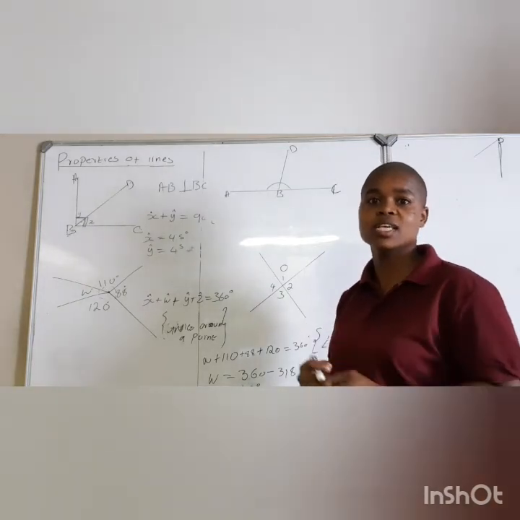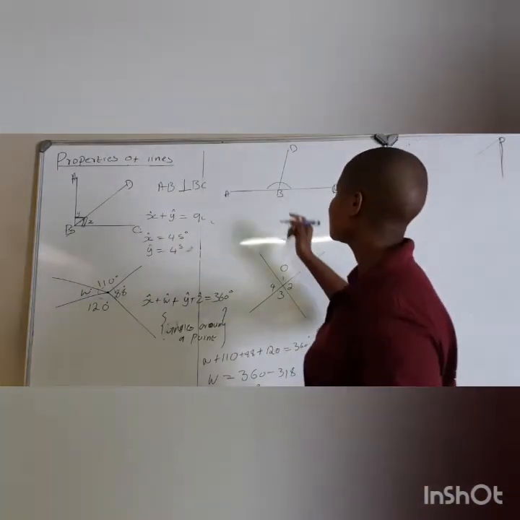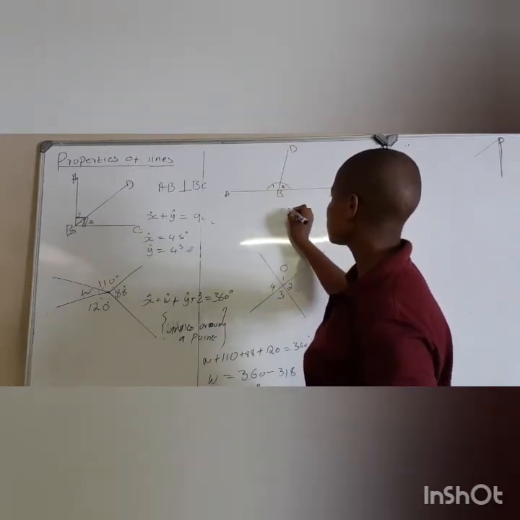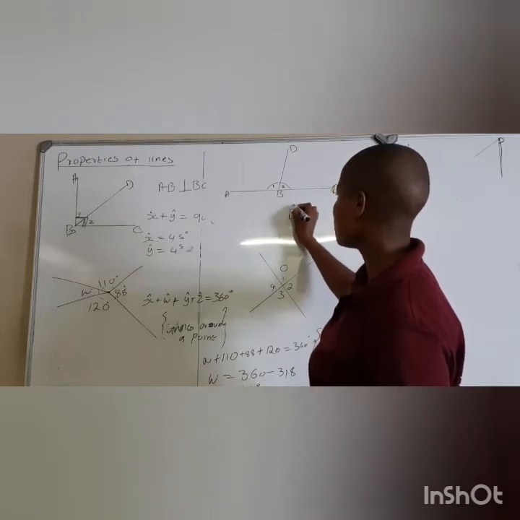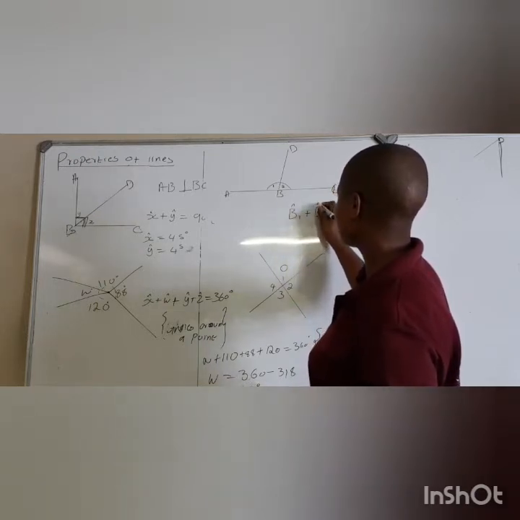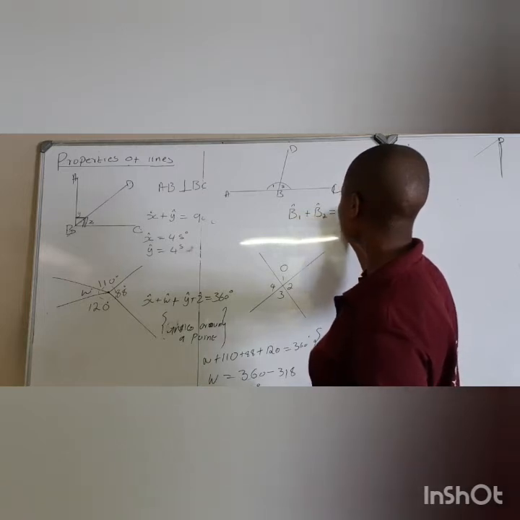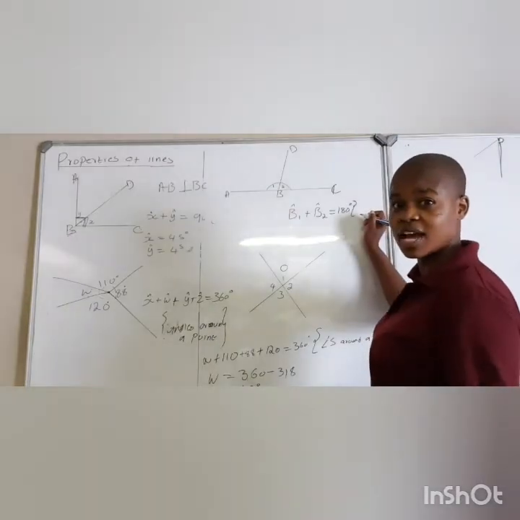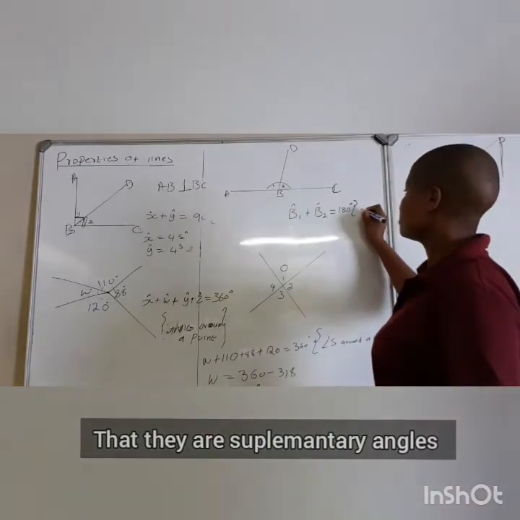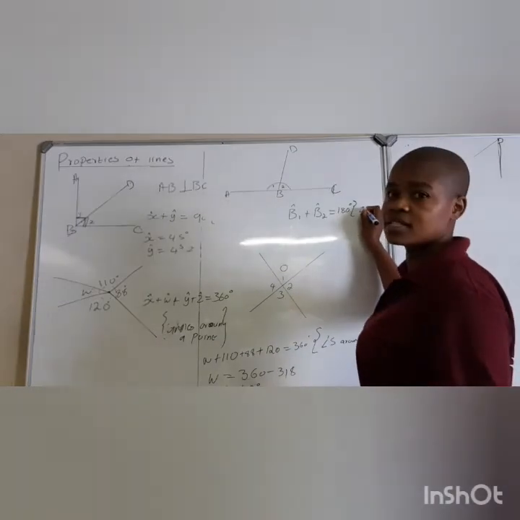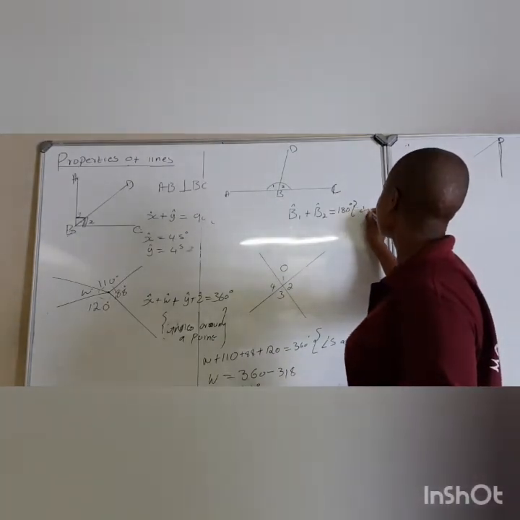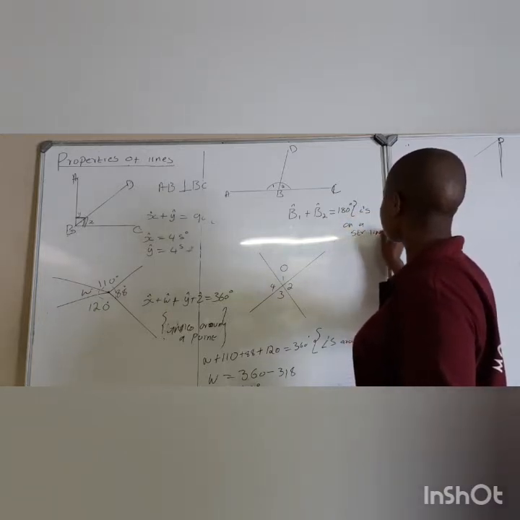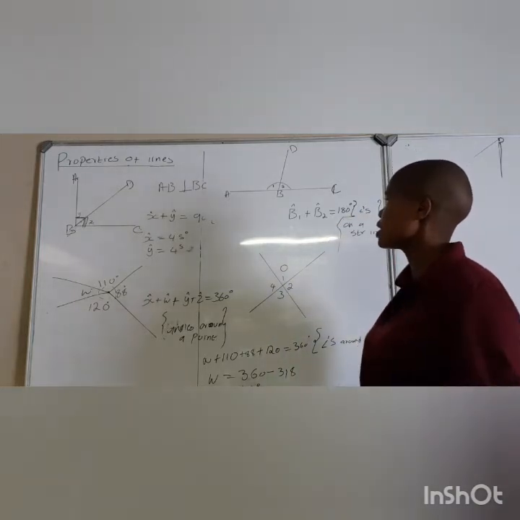Let's say we have angle B here, B1 and B2. So angle B1 plus angle B2 is equal to 180. Why? They are angles on a straight line. Angles on a straight line.